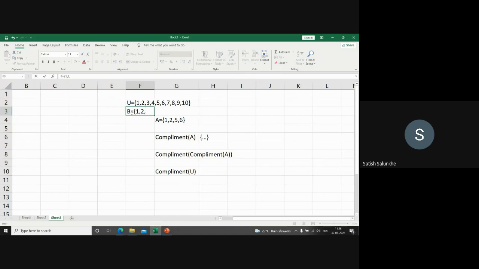So let us say set B is this. Let me take another set, set C is, let us say, this. So when I want to take complement of A with respect to B, what is set difference?